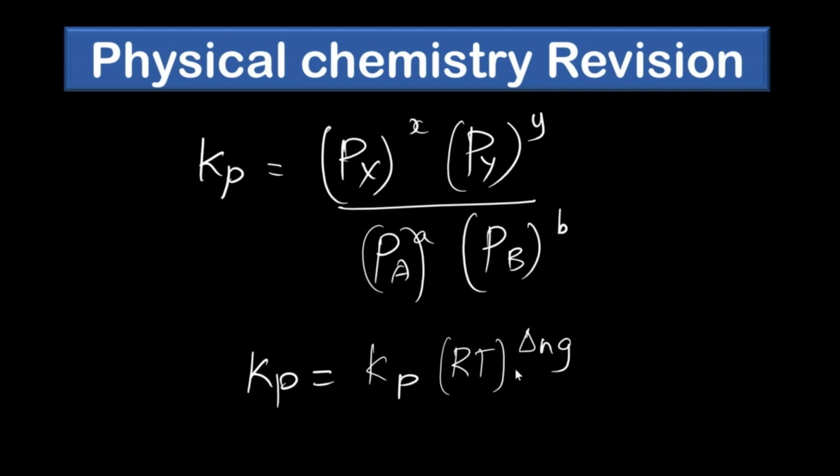In terms of pressure, again the partial pressure of X raised to the power x, partial pressure of Y, partial pressure of A, partial pressure of B. So the relationship between Kp and Kc is that Kp is equal to Kc into RT power delta Ng. Delta Ng we very well know is the number of moles of products minus the number of moles of reactants. If there is more than one, we have to sum it, right? So that is what the formula is.